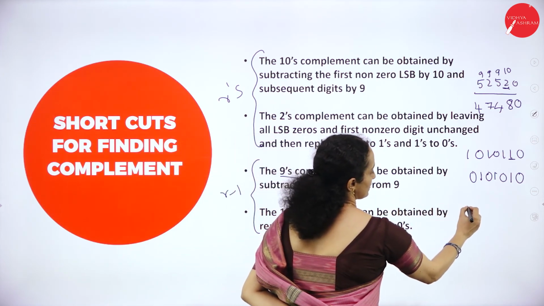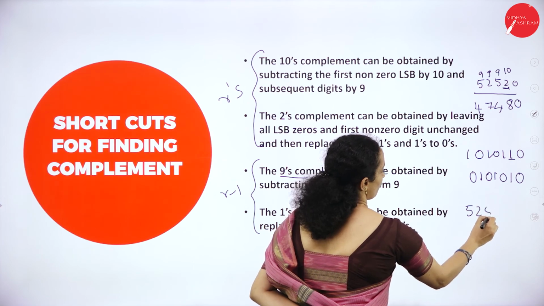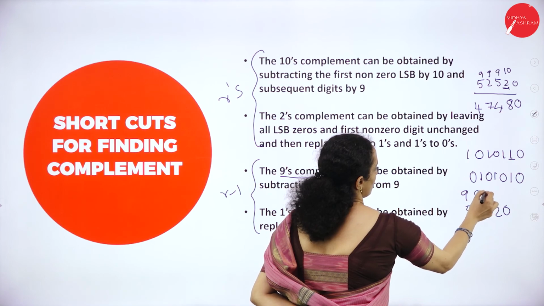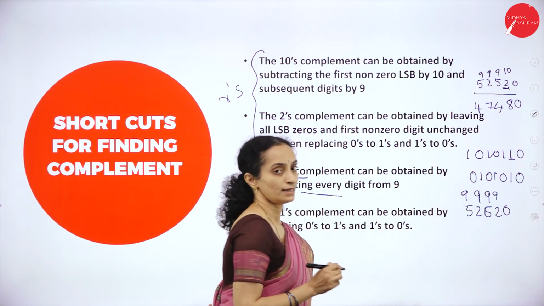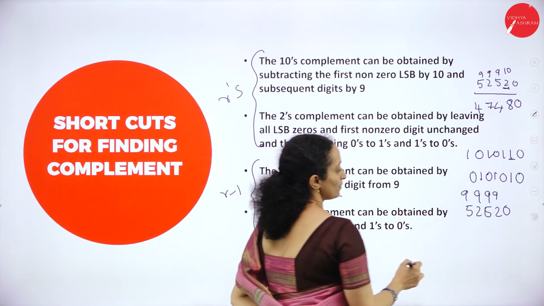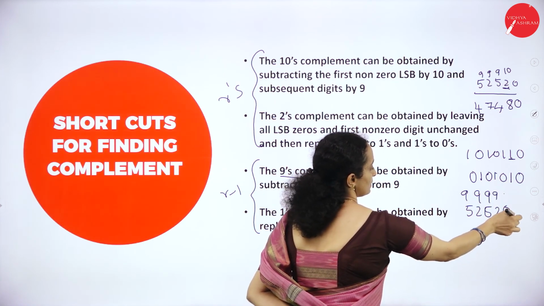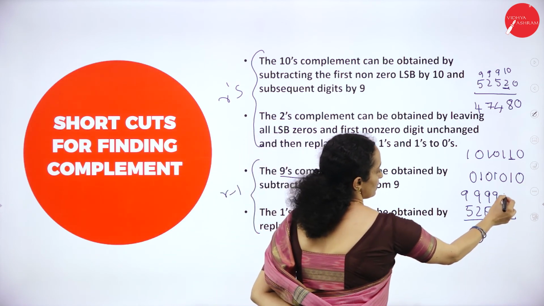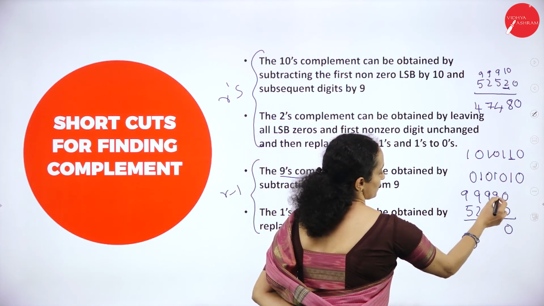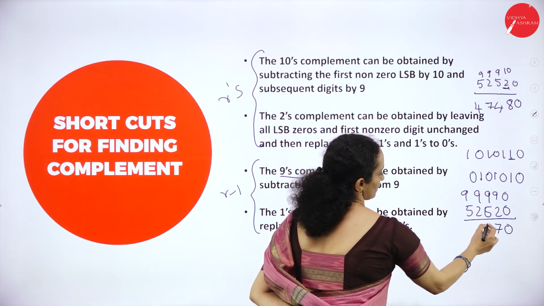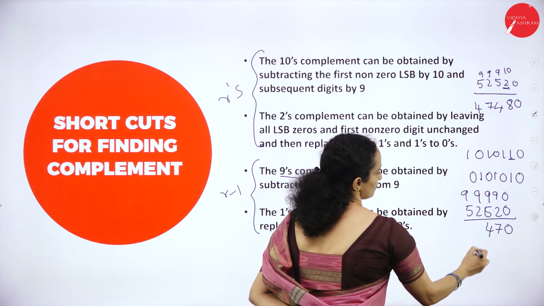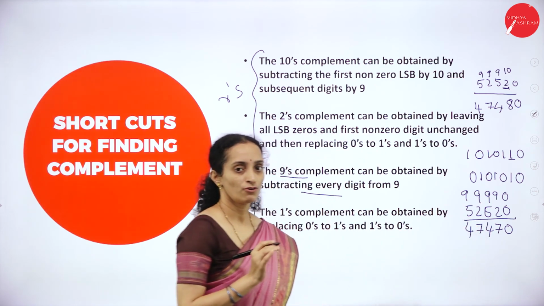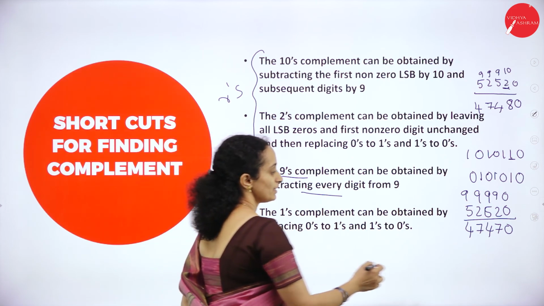If you take the same example, 52520, subtract all the digits from 9, leaving the LSB 0 as it is. That gives 4, 7, 4, 7, 0, which is the 9's complement.